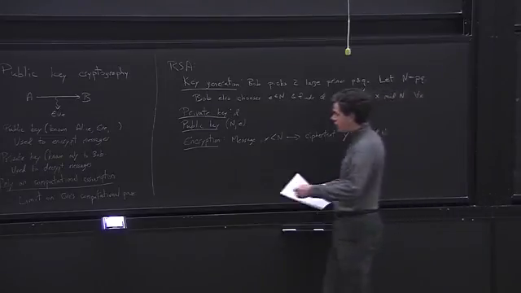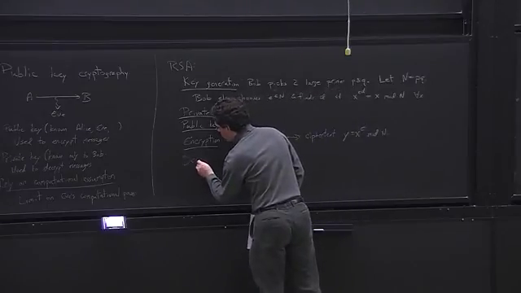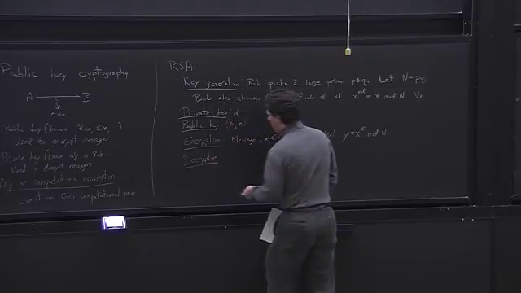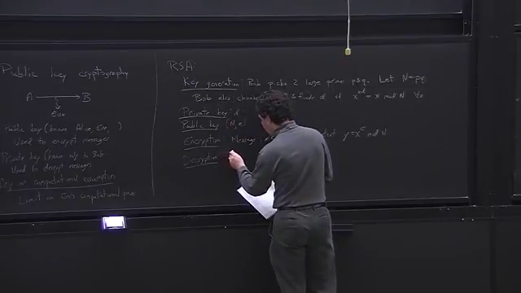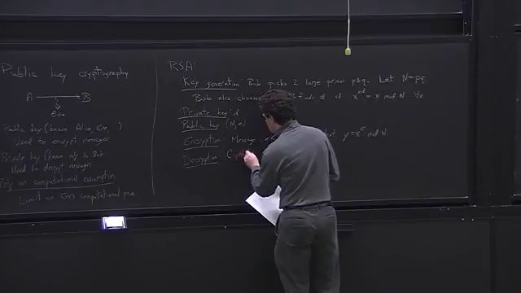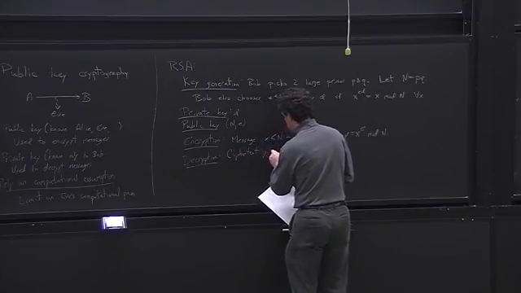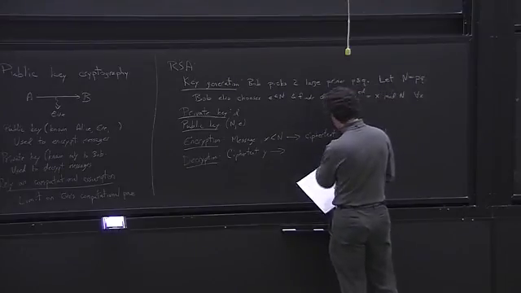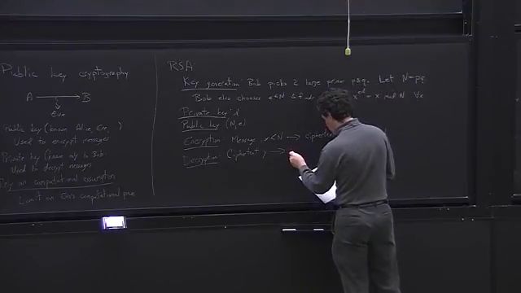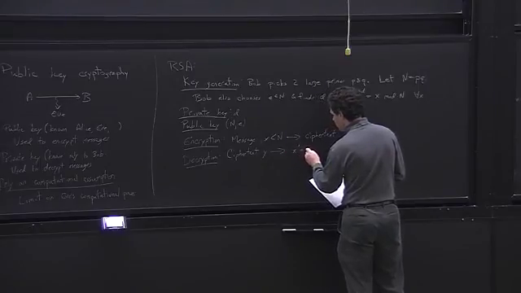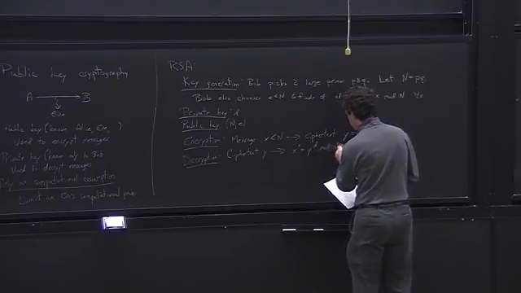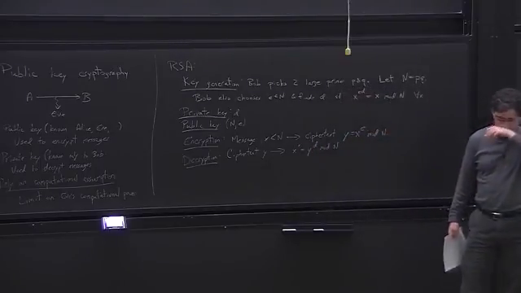And then the decryption, well, you might be able to guess from what I've said so far, but let me say it anyway. Given a ciphertext y, Bob, since he has the private key, raises it to the power d. And so he gets a decoded message, which is y to the d mod n. Okay?